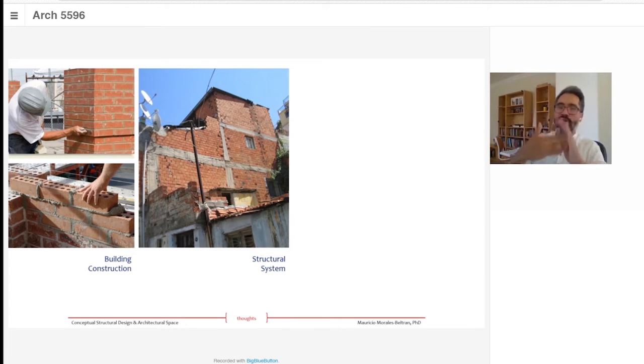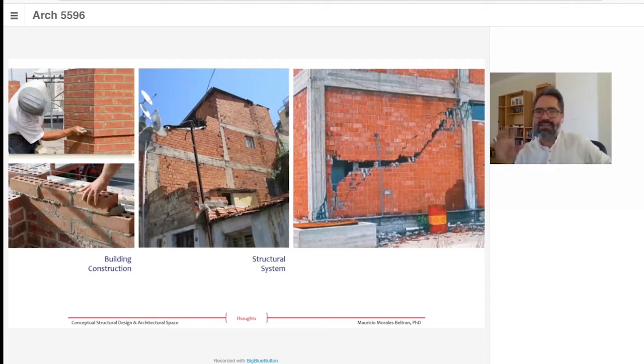And as such, this wall is subjected to damage. It might have damage because the load exceeds the capacity of the wall, or simply, which is the same, for example, like in this picture, it might be affected by an earthquake.